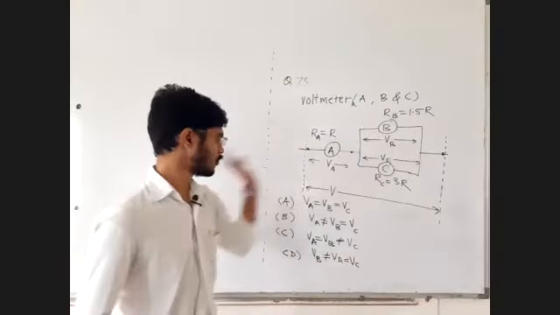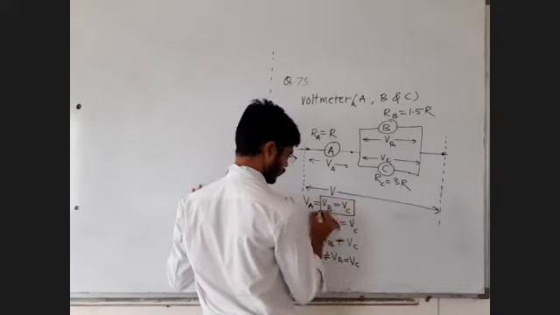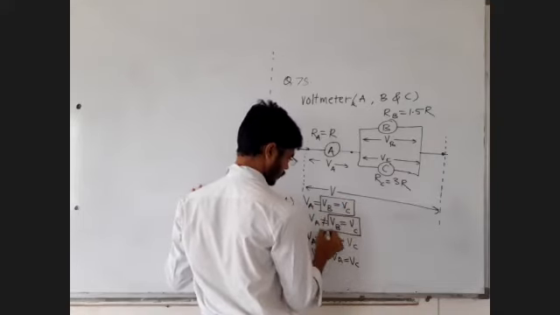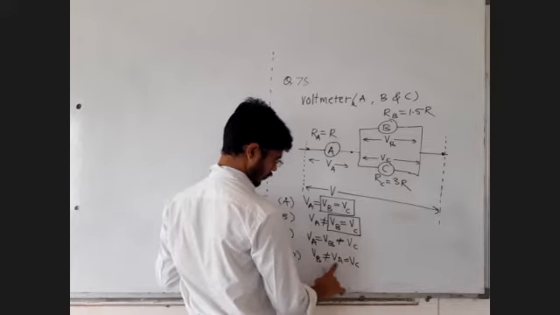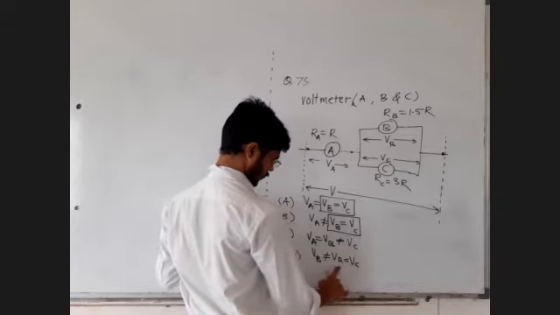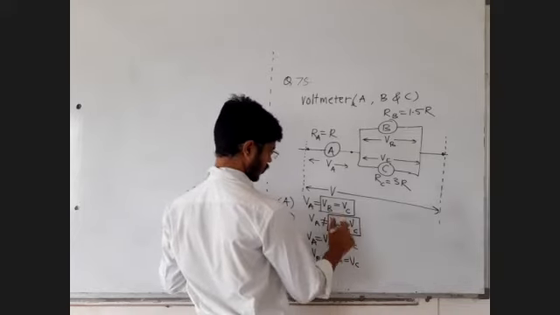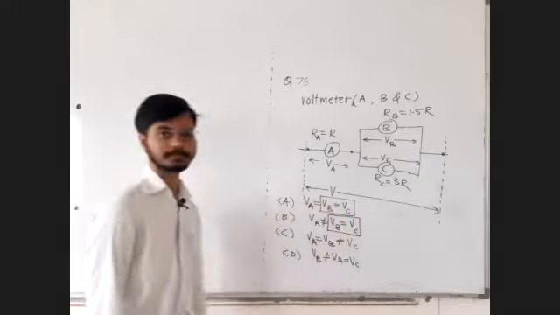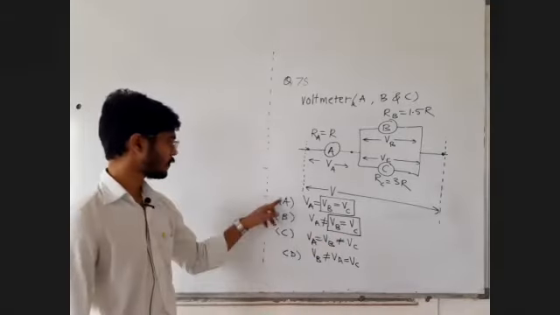So VB equals VC. How many options contain VB equal to VC? This one, this one. VB not equal to VA, but VA and VC both are the same, means VB not equal to VC. So out of these two options, we have to verify between A and B.